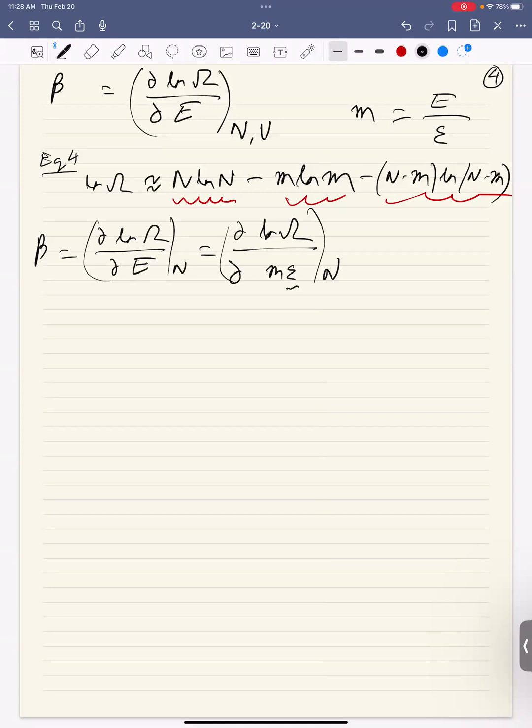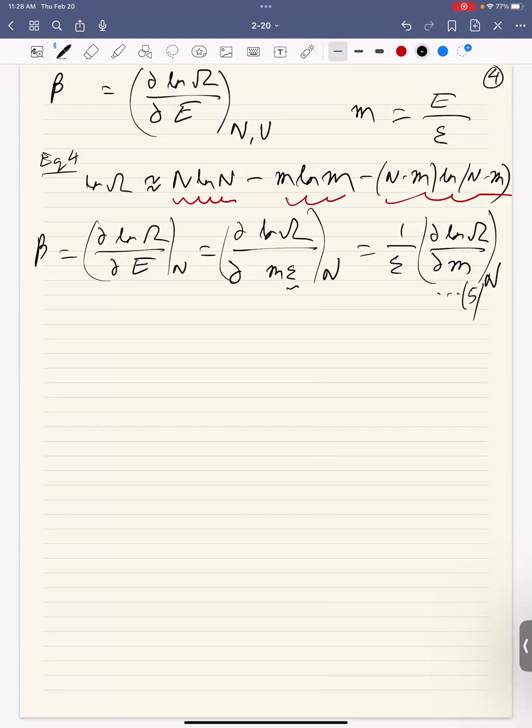This epsilon is a constant number, right? It is the value of the excited state relative to the ground state. So epsilon can go outside the partial derivative. So this becomes 1 over epsilon partial ln omega by partial m at constant n. This is beta. Let's call this equation number 5.